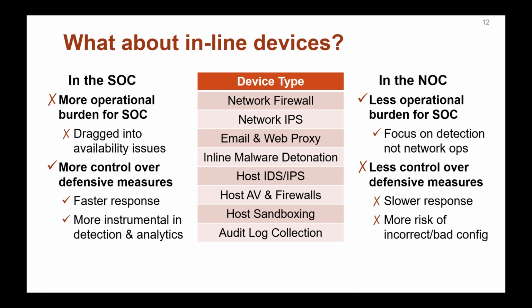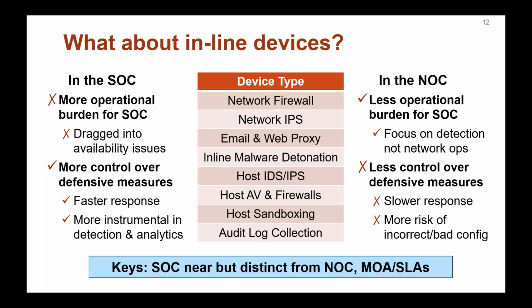On the other hand, if we put them in another area of IT operations, such as the NOC, it's less operational burden for the SOC. They don't get blamed as much, but they have less control. I love it when I call someone who's responsible for maintaining a network IDS and say, hey, we'd like to update our signatures today. And their response is, what are signatures? Not good. So the keys here are a couple things.